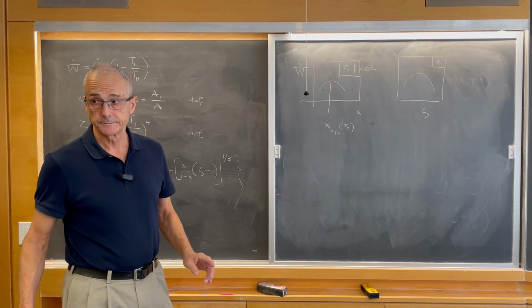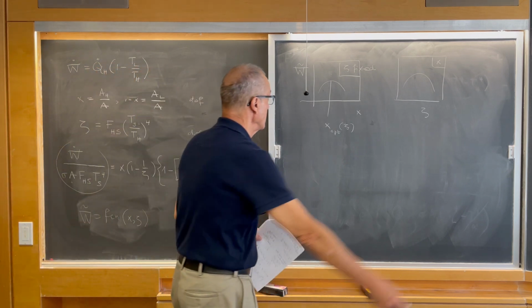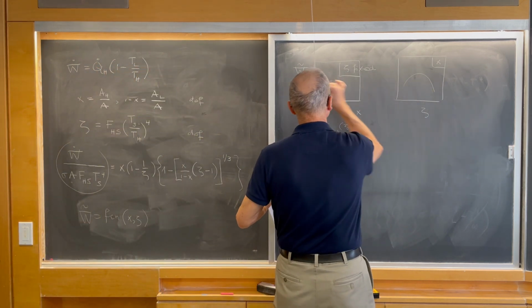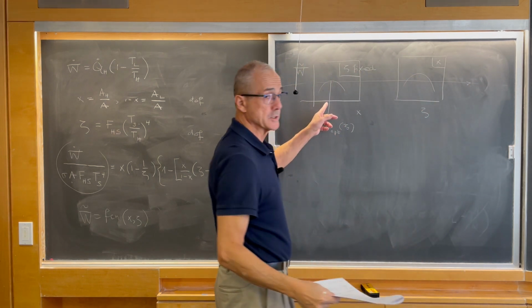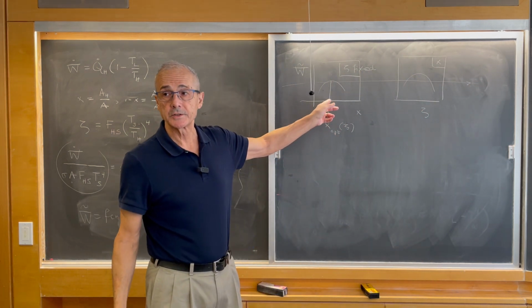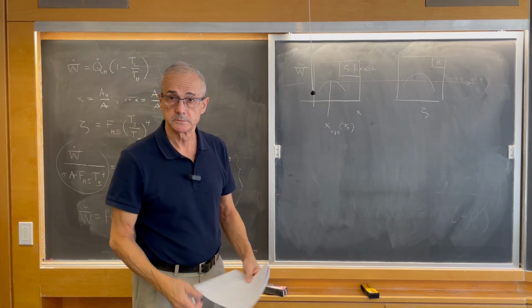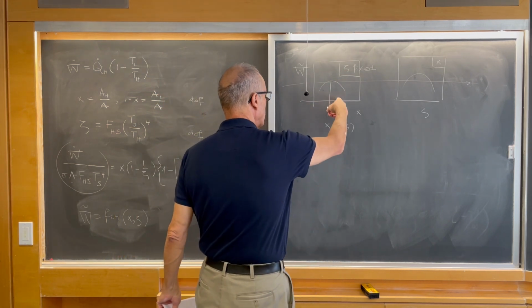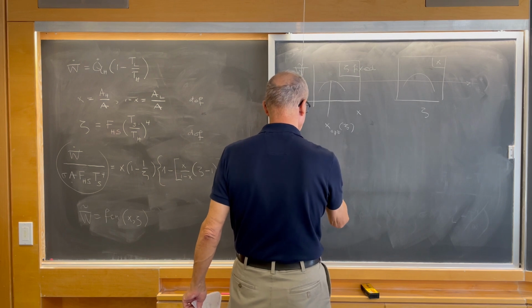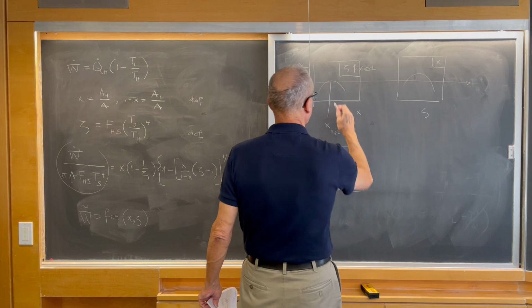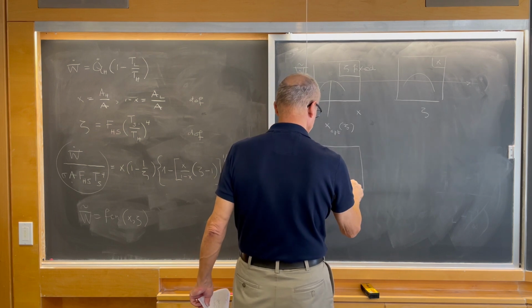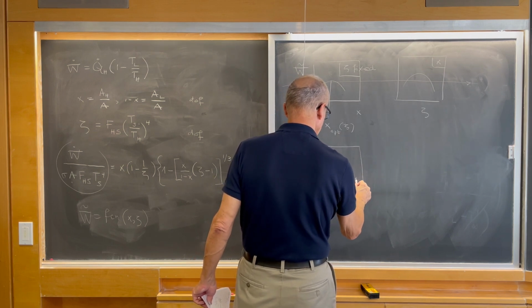Another way is not to go from left to right, but to keep doing the first one for additional values of zeta. So we repeat this drawing for one value of zeta, call it zeta 1.